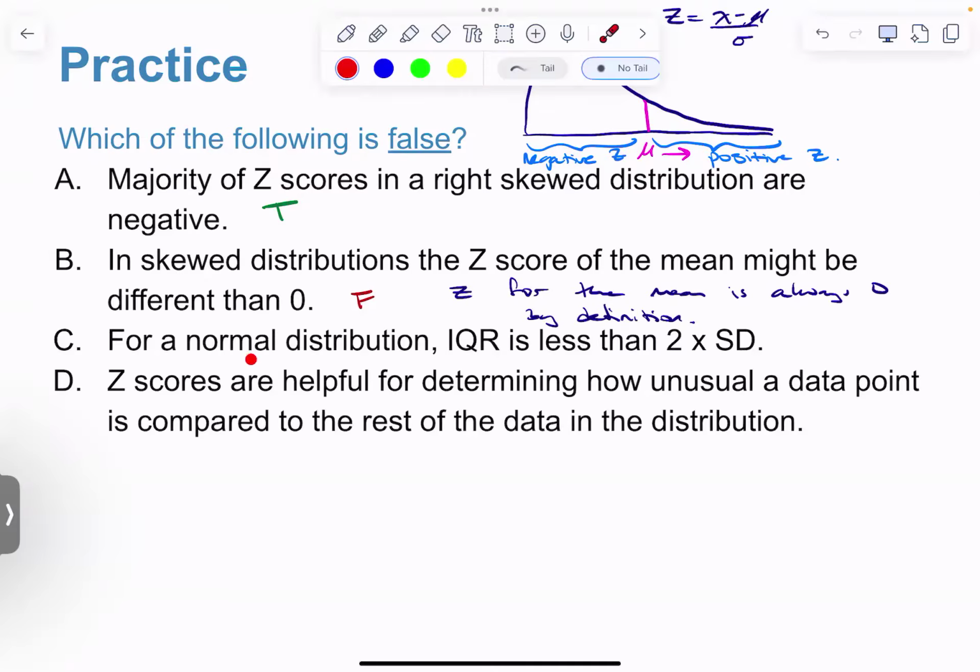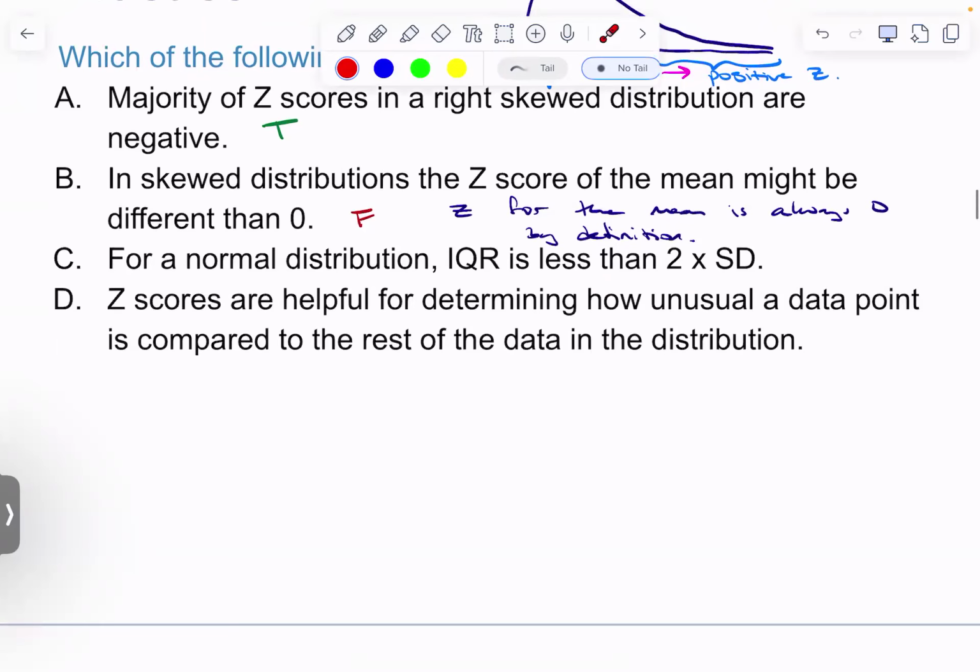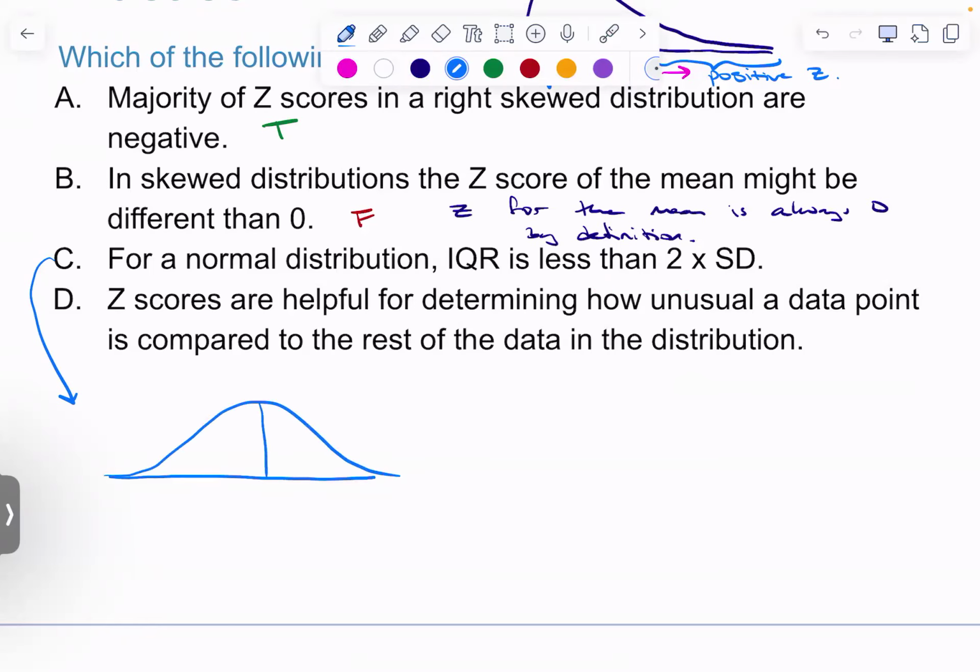For a normal distribution, the interquartile range, been a while, is less than 2 times the standard deviation. Oh boy, here we go. So we've got this normal distribution. Got your mean.